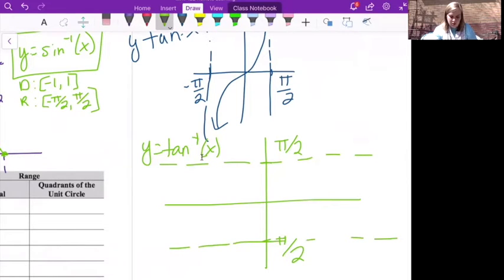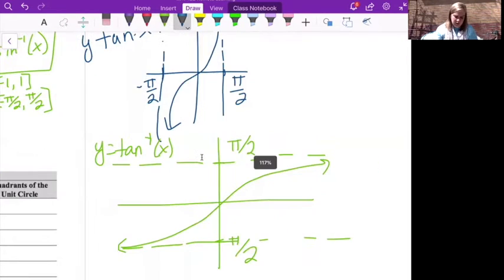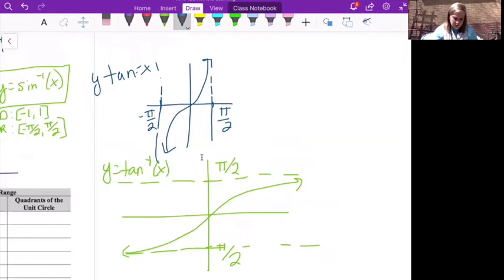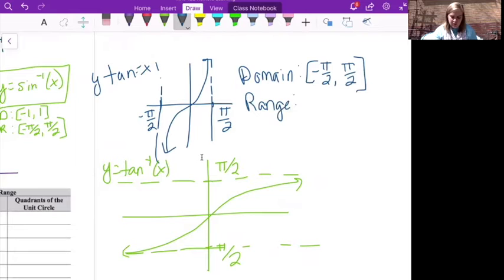And then we would flip our graph so it would look something like this. And so if we go back to tangent, if we restrict our domain to be between negative pi over 2 and pi over 2, then our range, and our range for tangent has always been negative infinity to infinity.